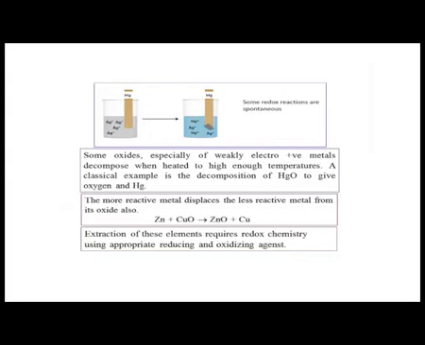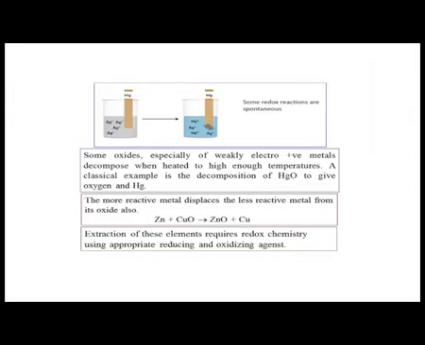So, this is a different aspect of what we are thinking: now we have some oxide, and if we heat that oxide at high temperature, what will happen? Because here we are seeing that the metal is getting degraded by the formation of ions, hydroxides or oxides.